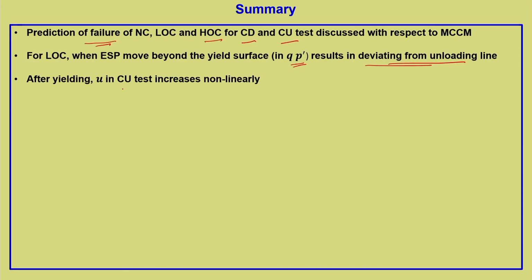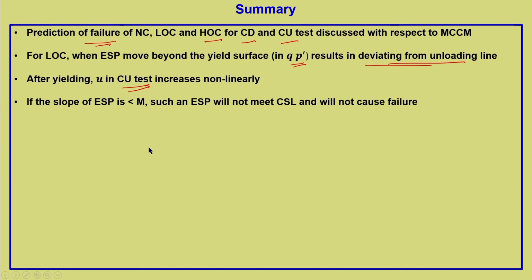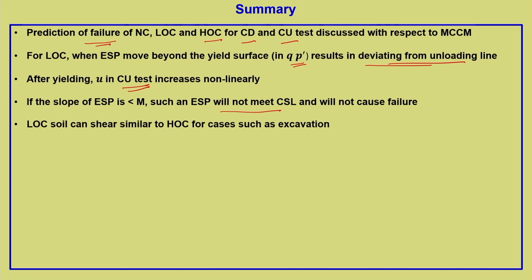After yielding, u in the CU test increases non-linearly. If the slope of the ESP is less than M, such an ESP will not meet the critical state line and it will not cause failure. LOC soil can shear similar to HOC for cases such as excavation. Determination of soil stiffness is done based on MCCM.